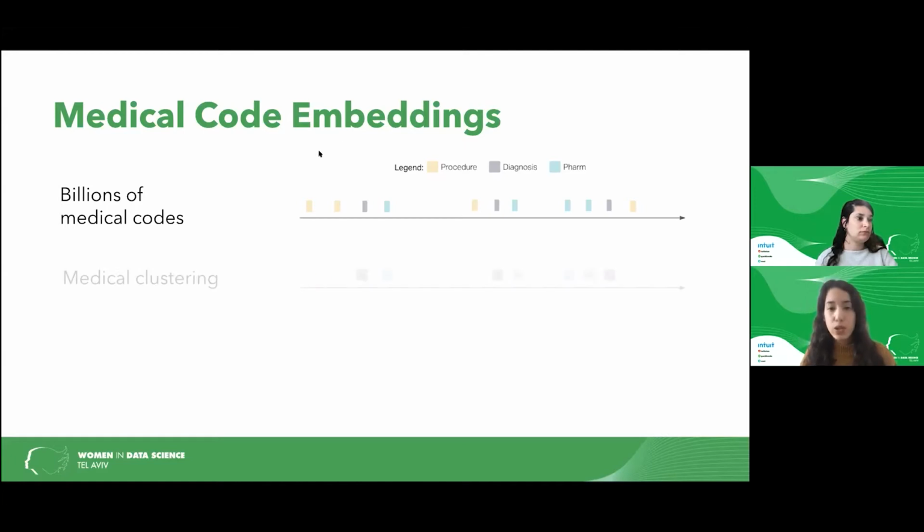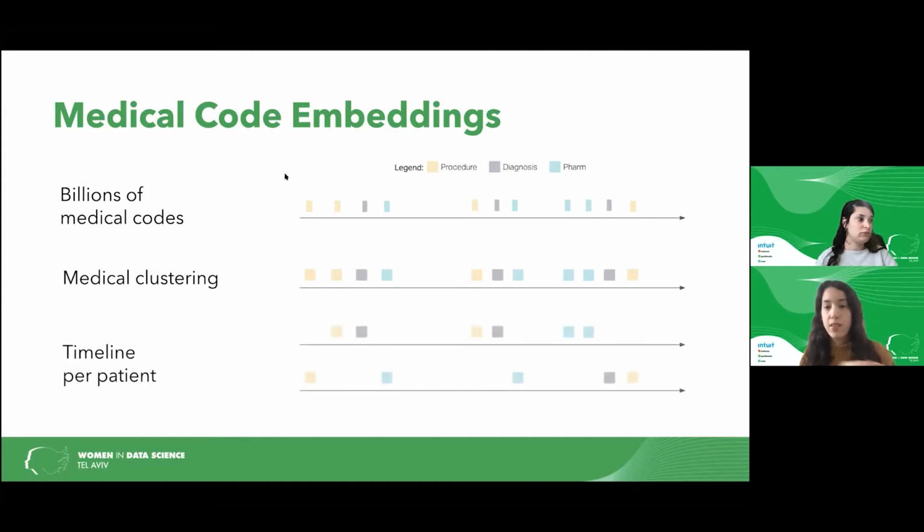In the medical world, we take these medical codes and move them to a higher hierarchy in order to simplify the medical content. Then we split the timeline for each and every patient, treating each patient as a single sentence, if I'm taking it back to the NLP world. Now we can use word2vec or any kind of advanced language modeling in order to create the embeddings of those codes.